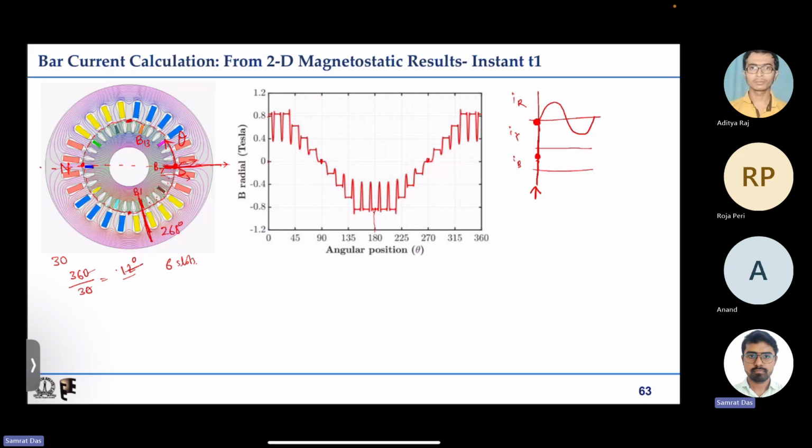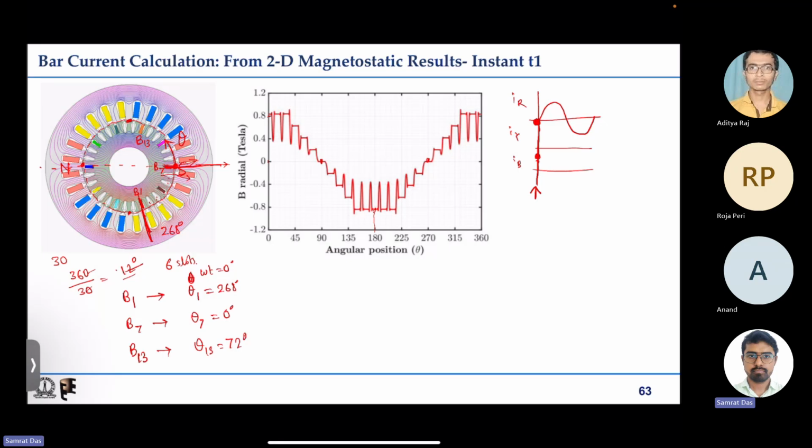So for B1 at omega t equal to 0, let us say the B1 location, denoted by theta 1, is equal to 268 degree. B7, that is theta 7, is equal to 0 degree, and B13, theta 13, is 0 plus 72, that is 72 degree.